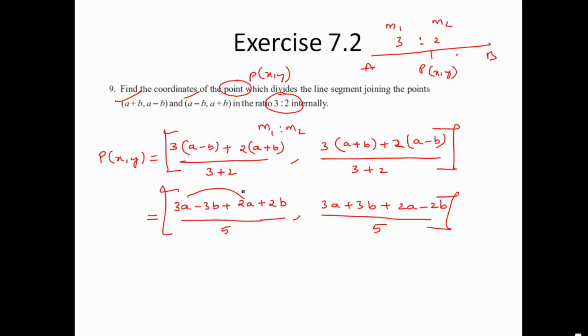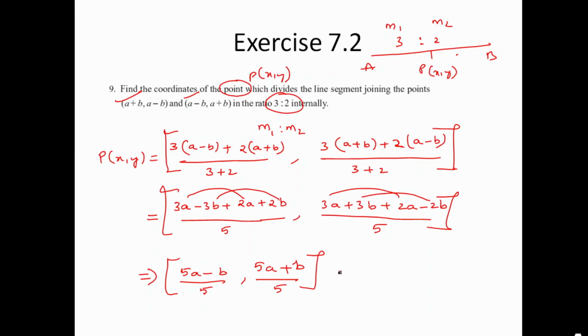You need to add up. So you will be having here 5 times a. Now looking at these two terms, I can write only b, isn't it? Right? Adding up again, I'm having here 5a, and looking at the b terms, I'm having only b left out. Isn't it? So this is your required value of P of x comma y. This is your x value, this is your y value. Am I good with this?